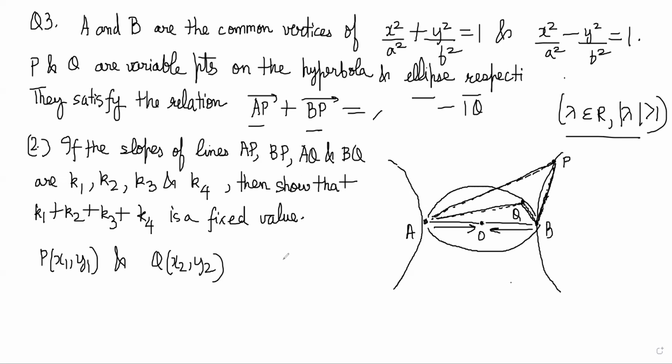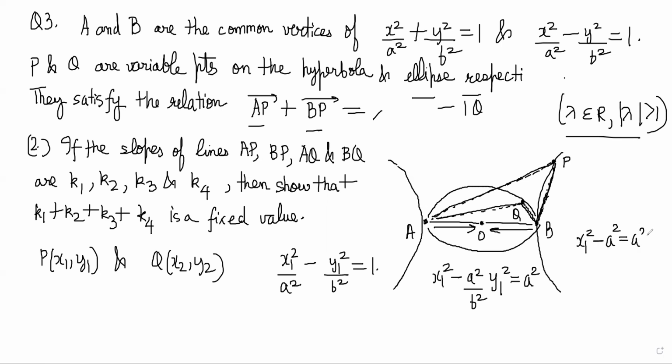So we can say x1 square by a square minus y1 square by b square equal to 1. Multiply throughout by a square, you will get x1 square minus a square by b square y1 square is equal to a square. And you get x1 square minus a square is equal to a square by b square y1 square. This is the relation that you get for P.